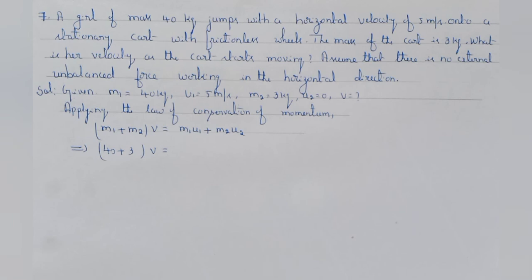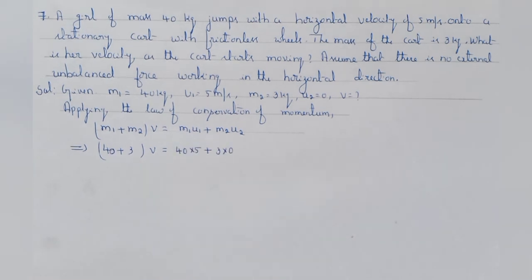And next, m1 is 40 and u1 is 5, m2 is 3 and u2 is 0. Next, 40 plus 3 is equal to 43v. 40 fives are 200 plus 3 into 0 is 0.